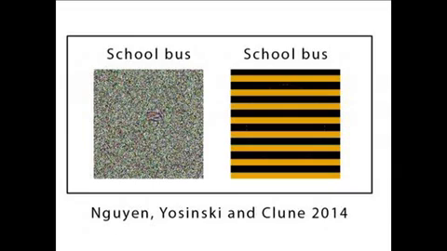Those are some things that it thinks are a school bus. So it appears that what is triggering this school bus result is that it's seeing enough local evidence that this is not one of the other 999 classes, and enough positive evidence from these local looks to conclude that it's a school bus.